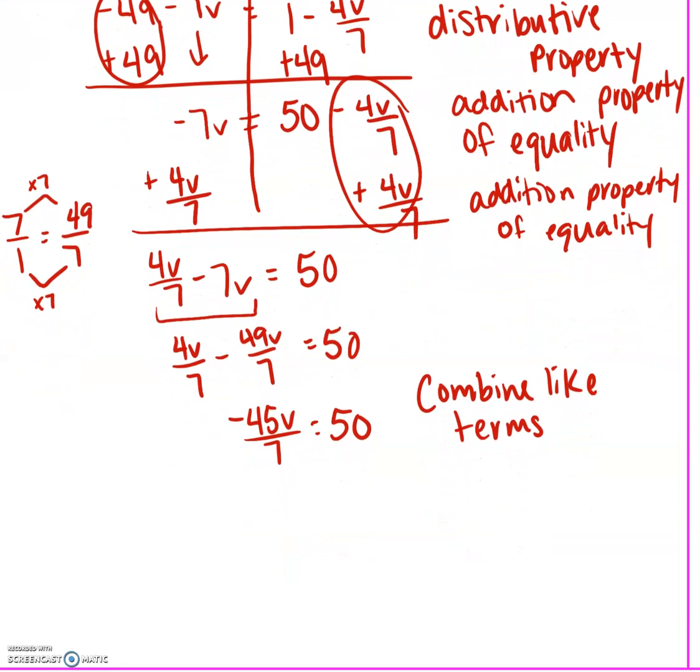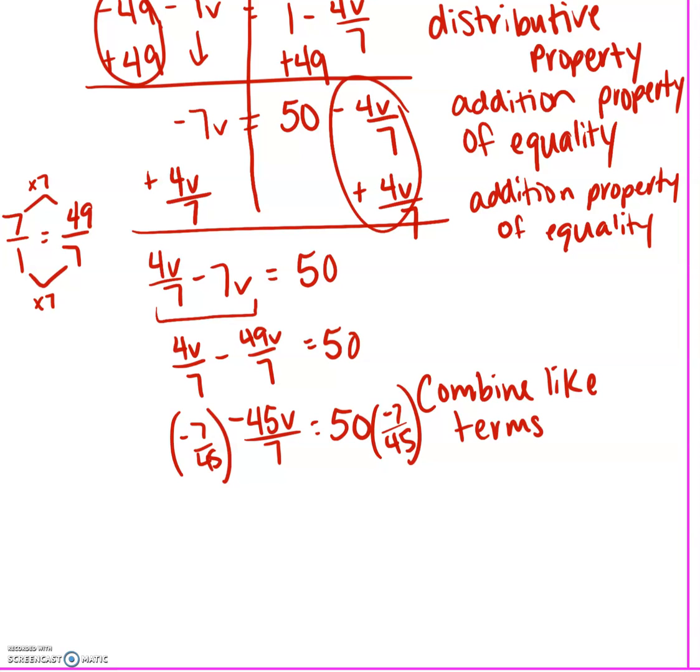We aren't done yet because v is not by itself. It still has that negative 45 over 7 on it. So when I have a fraction being multiplied to my variable, I'm going to flip it and multiply. Notice I'm not multiplying by the variable because I want the variable to stay over there.